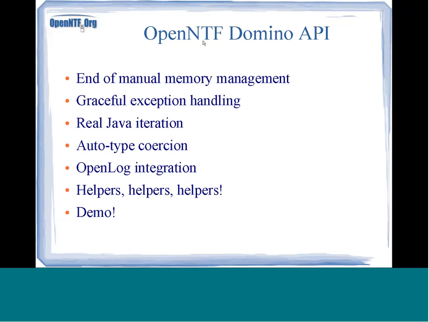So the mission of the OpenNTF Domino API was to take all the things that people didn't like about the lotus.domino API and get rid of them, and instead have the API behave more like LotusScript in terms of its ease of use, and more like other Java APIs in terms of standardization of behavior.